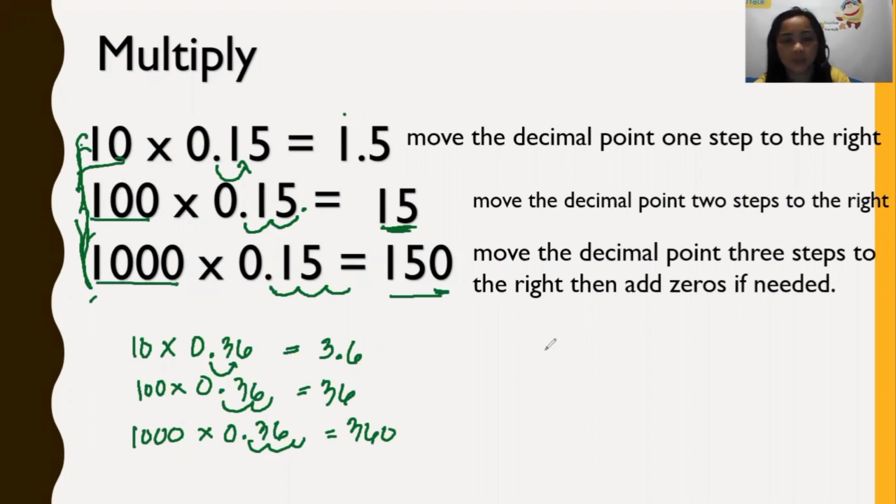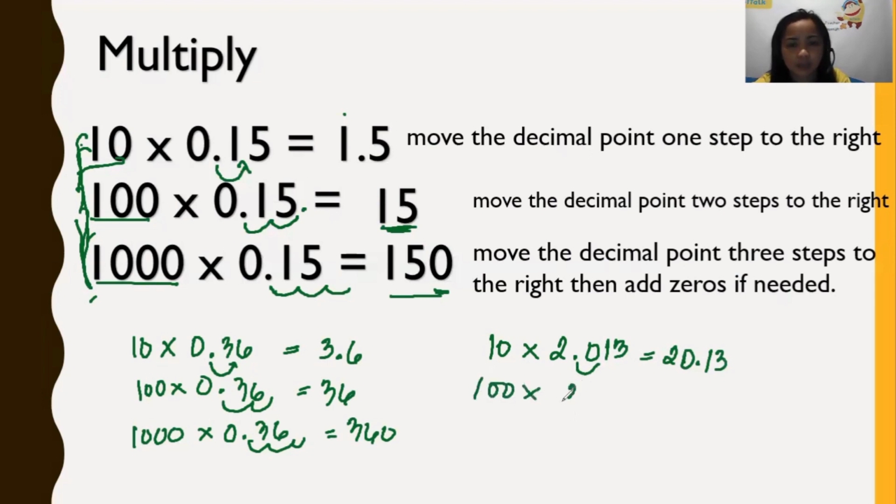Let's have another example. Let's have 10 times 2 and 13 thousandths. Move the decimal point one place. We have 20 and 13 hundredths. And we have 100 times 2 and 13 thousandths.